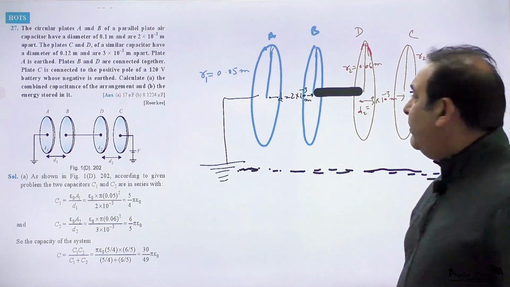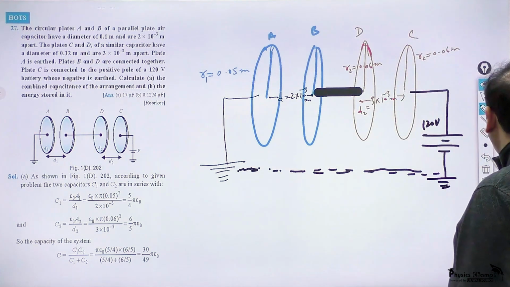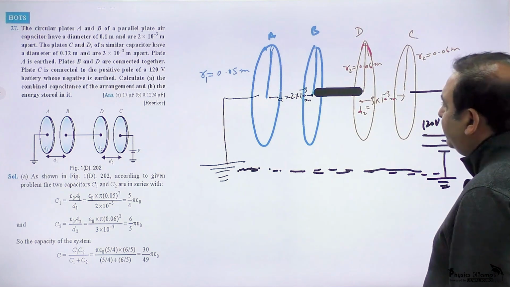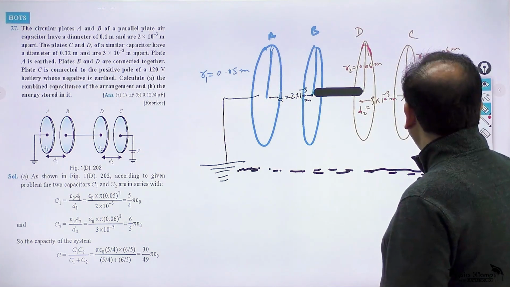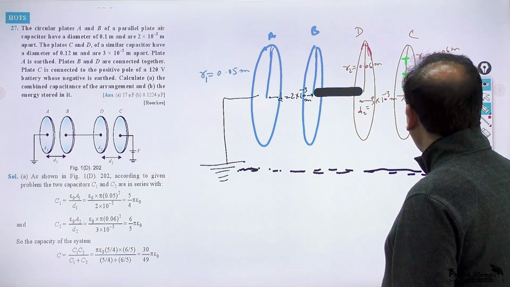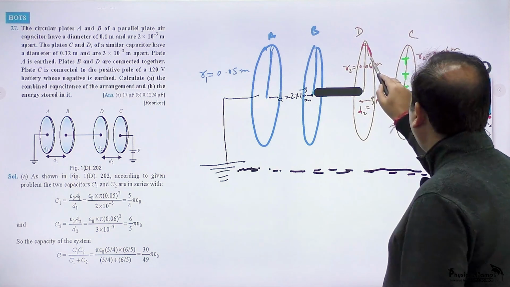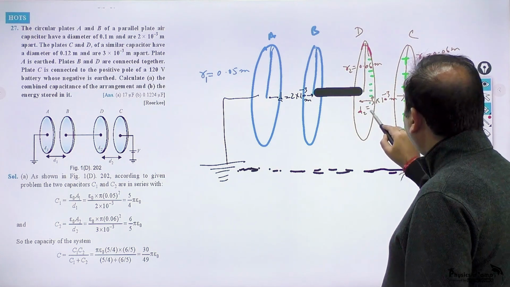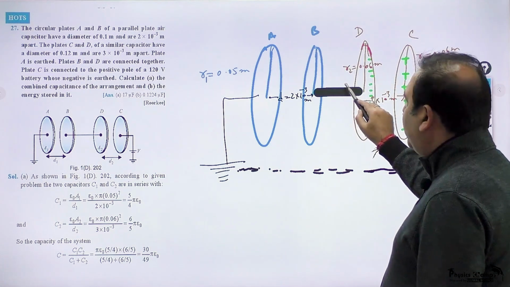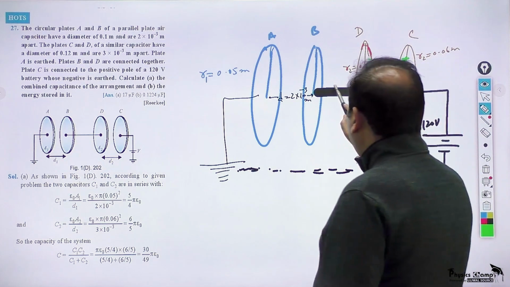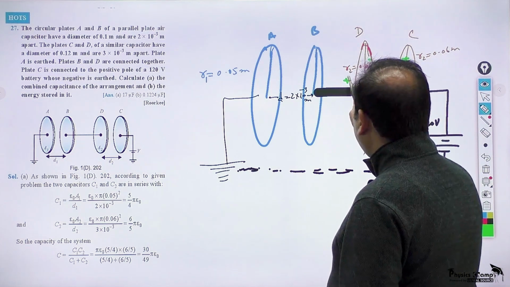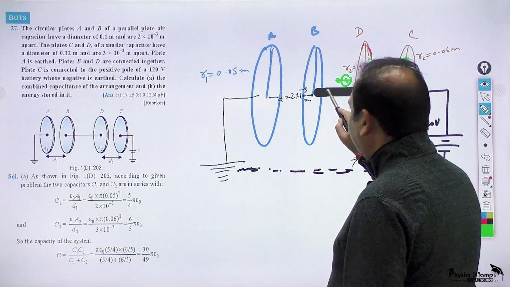Calculate the combined capacitance. Let me first put the charge on them. Due to this positive, the inner of it will be negative, and the outer of it will be positive. It will go towards this side.